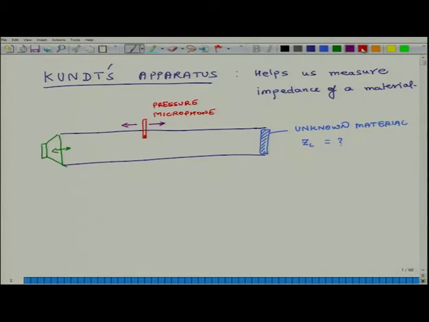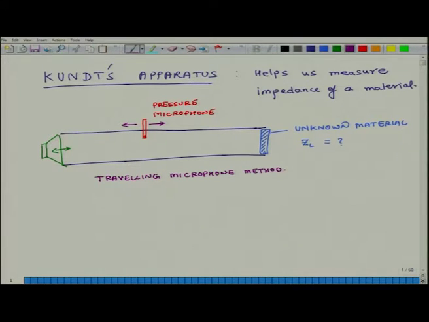That is why this method of measuring impedance of an unknown material is also known as the travelling microphone method, because I can move the location of the microphone at any point in the tube.